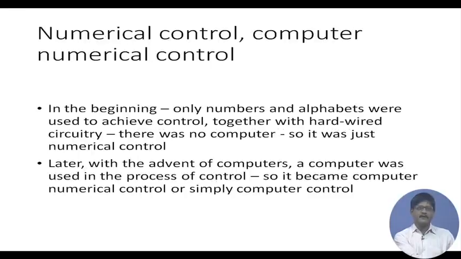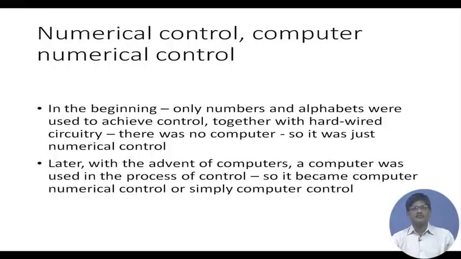So, what is the connection between numerical control, computer numerical control, etc.? In the beginning there was no computer to start with and we had numerical control machines in which numbers and alphabets were used in the form of codes to feed information into a machine. At first these machines were referred to as numerical control machines.